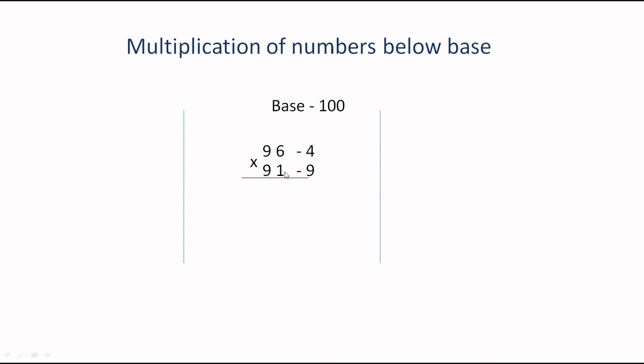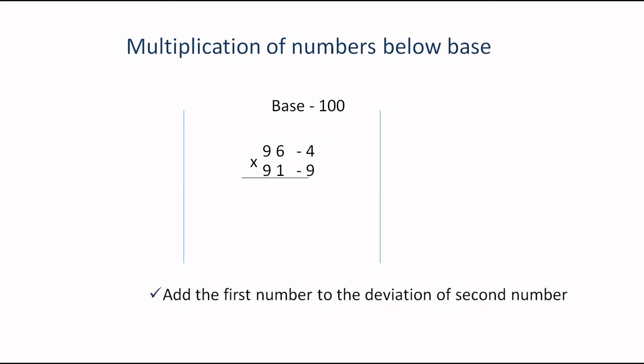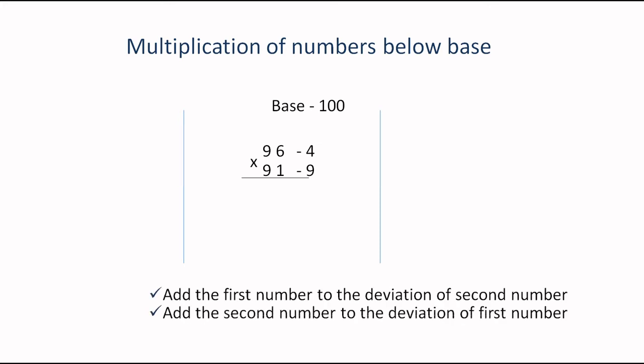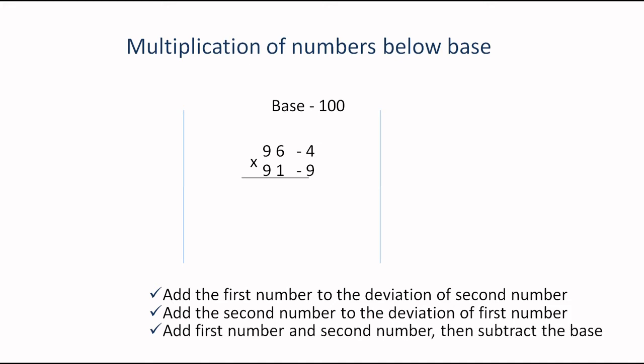The first part of the result, we know that there are four different ways of obtaining it. Either we will add the first number to the second deviation, or we will add the second number to the first deviation, or we will add both the numbers and subtract the base, or we will add the deviations of both numbers to the base.